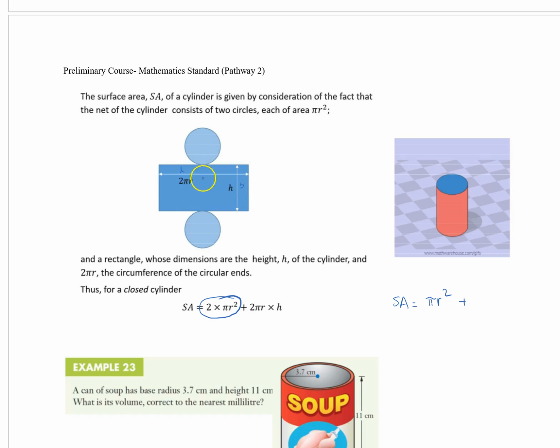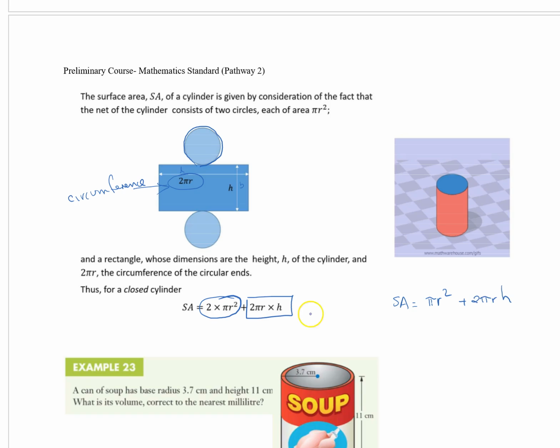Now, the length is this 2 pi r, which is the circumference, because you know that this rectangular piece has to fit all the way around the circle. So it fits entirely around there. So that's its length, and its width or breadth of the rectangle is the height. And that's where this part of the formula comes from, 2 pi r h.